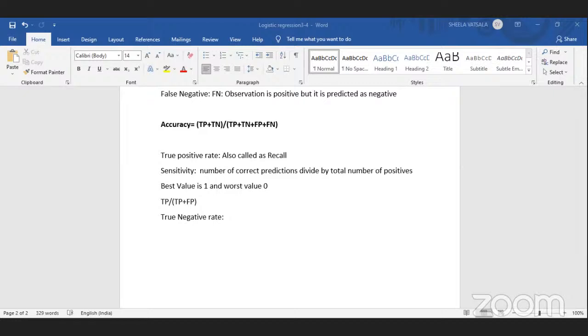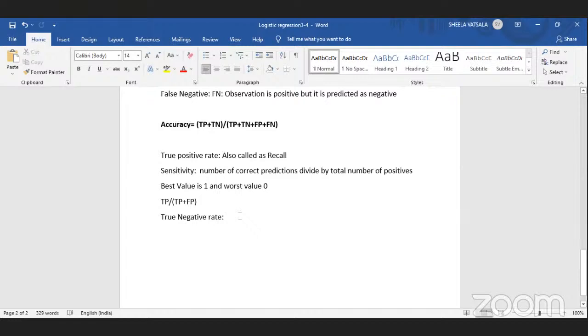You're right. So sensitivity, we also call it as recall, right? Which we can write as true positive by true positive plus false negative. Okay, this is what we have written here.